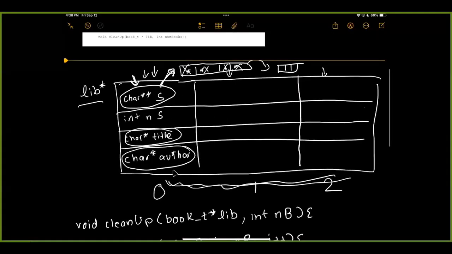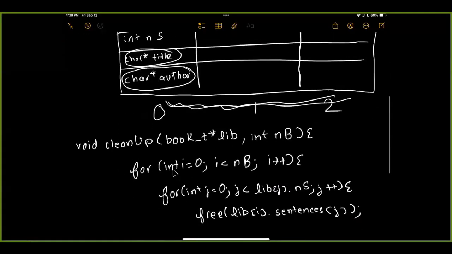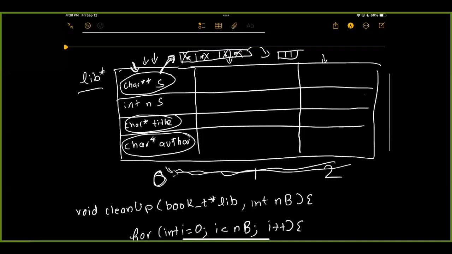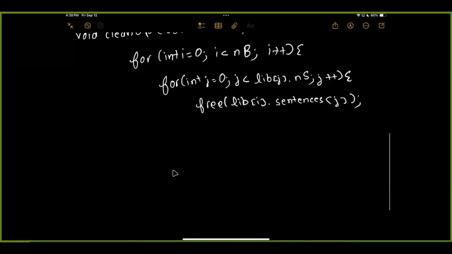So at the very first, it would go 0 here, and then it would go 0 here, and then it would free this. It would go 1 here, it would free this, go 2 here, free this, go 3 here, and free this. Once we have done that, we're gonna exit the inner j loop, and I'm gonna free the title itself. So lib at the i position dot title.